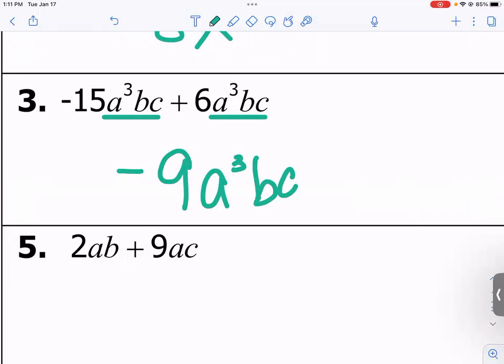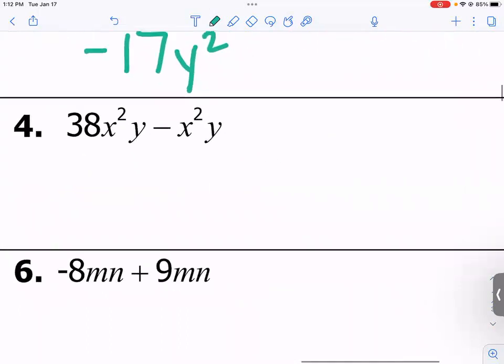Nice. Okay, now what about this one? Do we have like terms? Yeah. X squared y, x squared y. But what's that second coefficient? Ah, this is a 1.